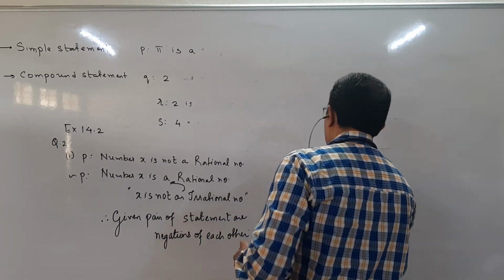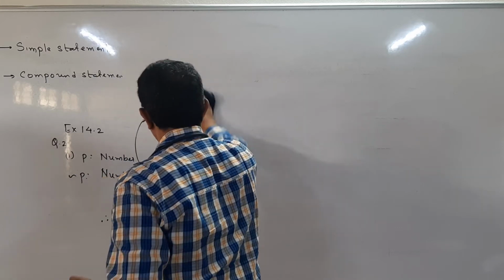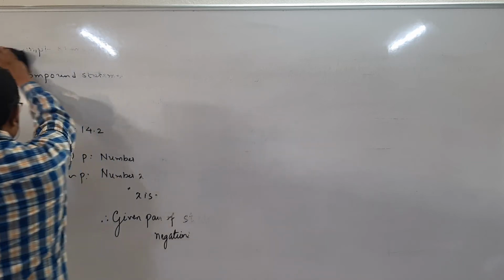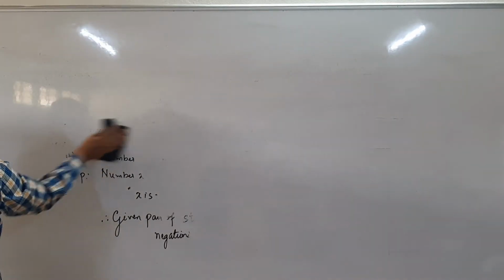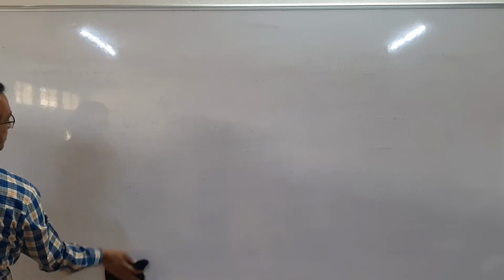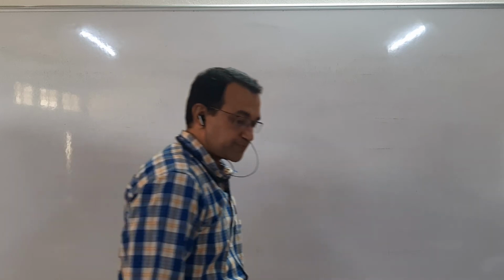What is negation of a statement? The denial of the truth value of a given statement is called negation of a statement. It means if the given statement is true, then its negation is false, and vice versa. If the given statement is false, then its negation is true.